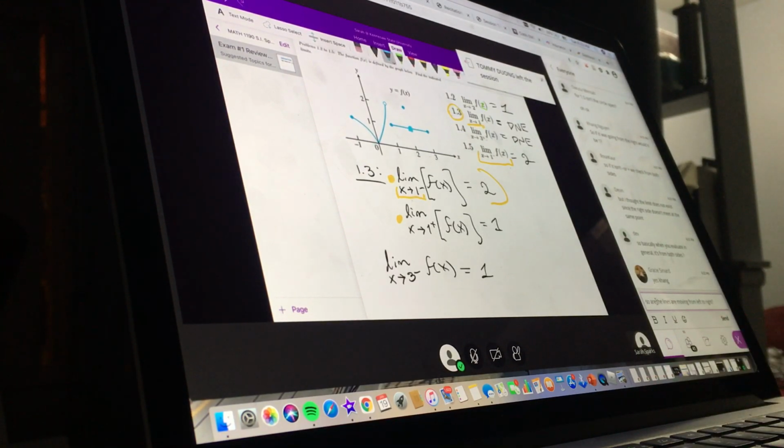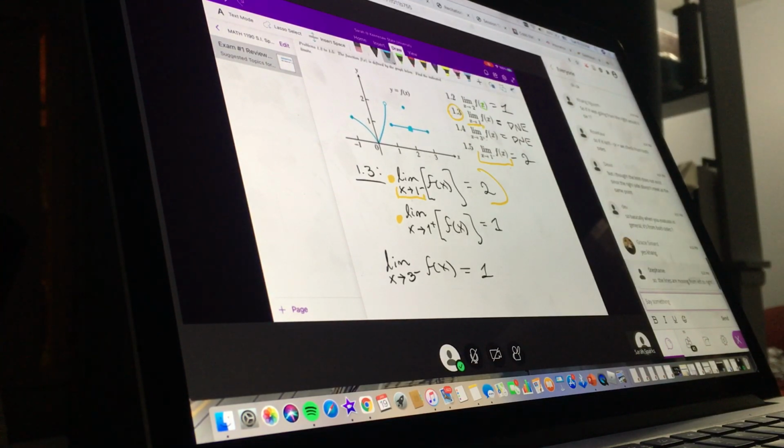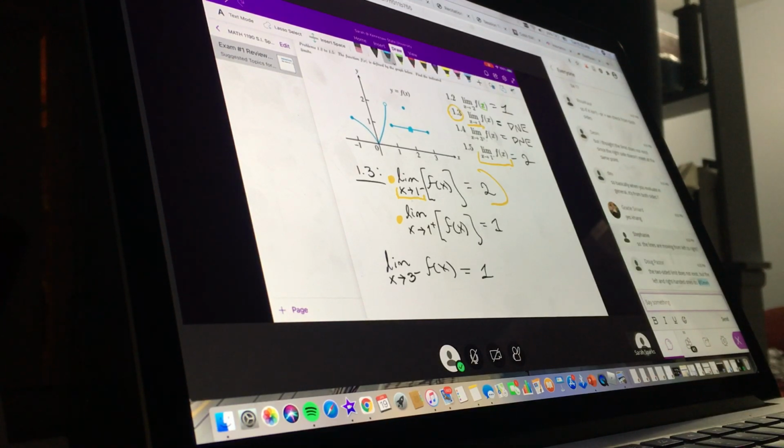If it's going from the right, would it be 1? Yes, King. I'm sorry, I did miss that. Thank you, Gracie. The lines aren't moving in any particular direction. We're looking at it from a specific side. That minus sign on the right side of that number denotes that we're looking at the function from the left side of the graph.